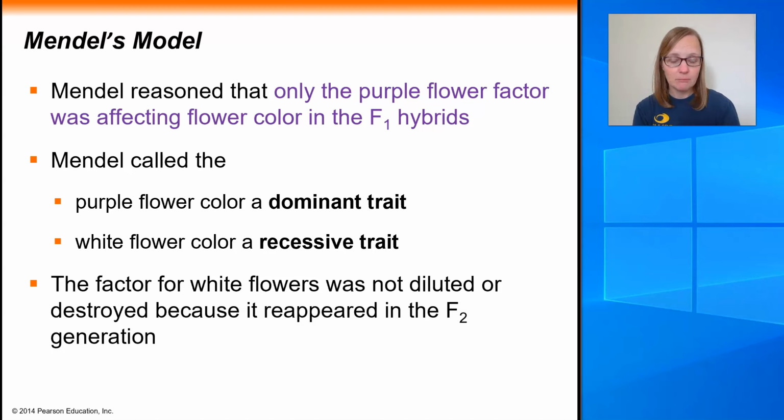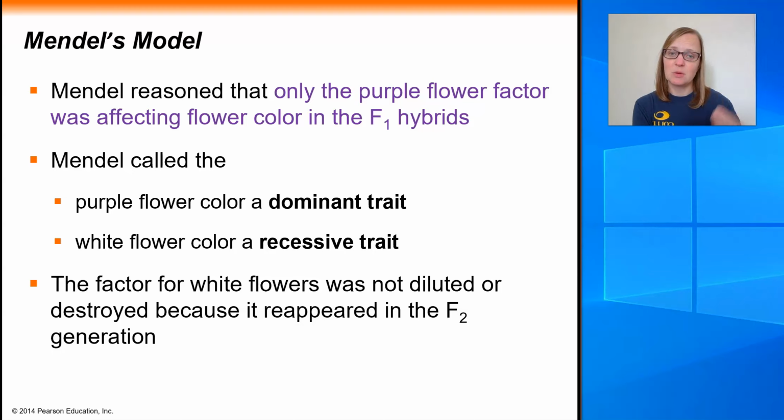First of all, Mendel reasoned that only the purple flower factor was somehow affecting flower color in the F1 hybrids. This is why they all came out purple, and there were no whites.